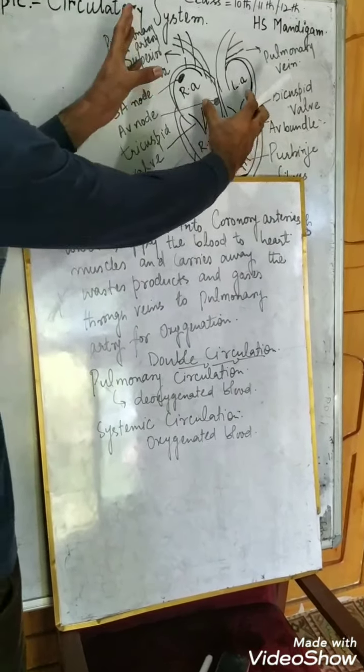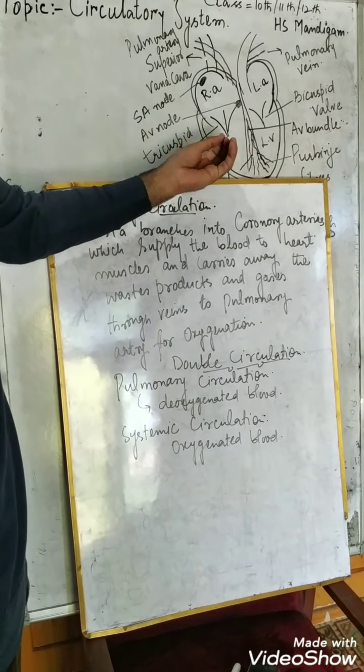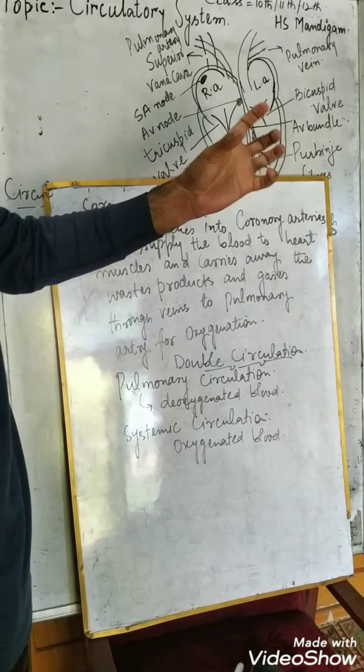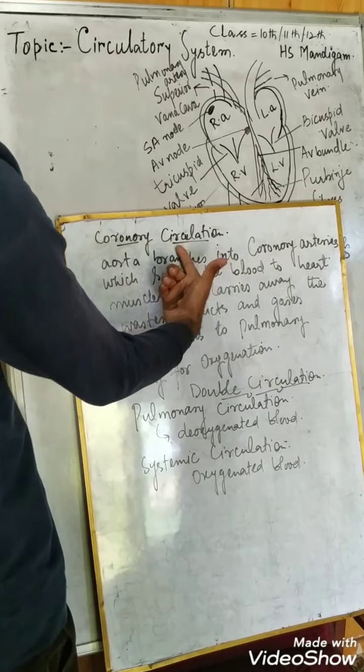Now, these heart muscles or the cardiac muscles also need the nutrients, and they also need the waste products to be removed from the heart muscles. So for that, there is another type of circulation called the coronary circulation.